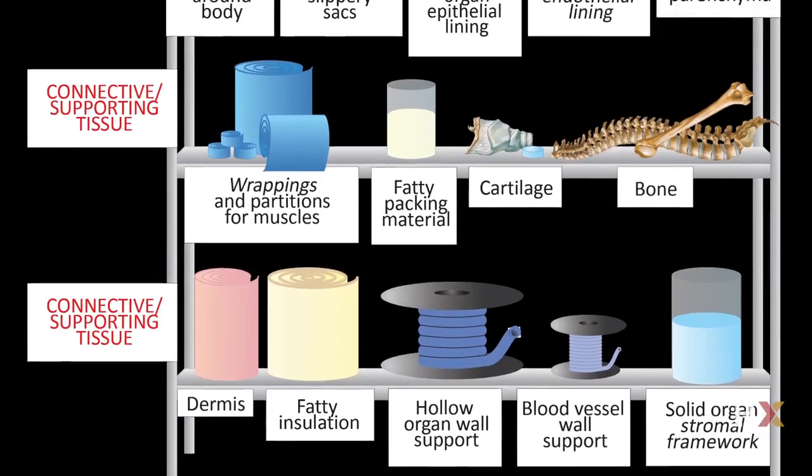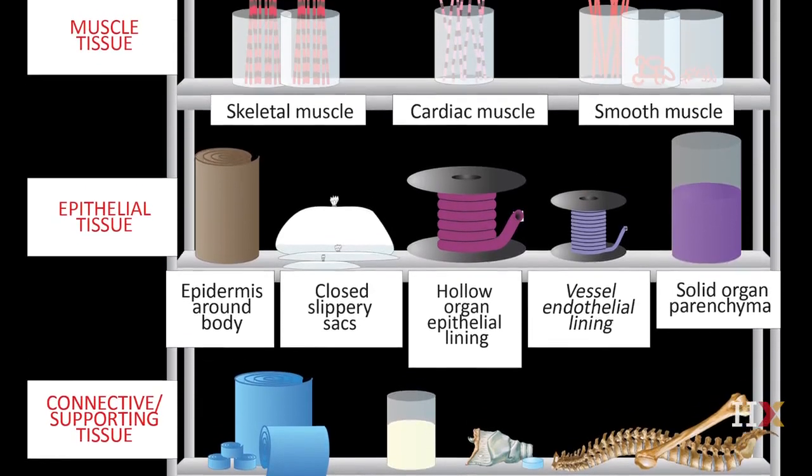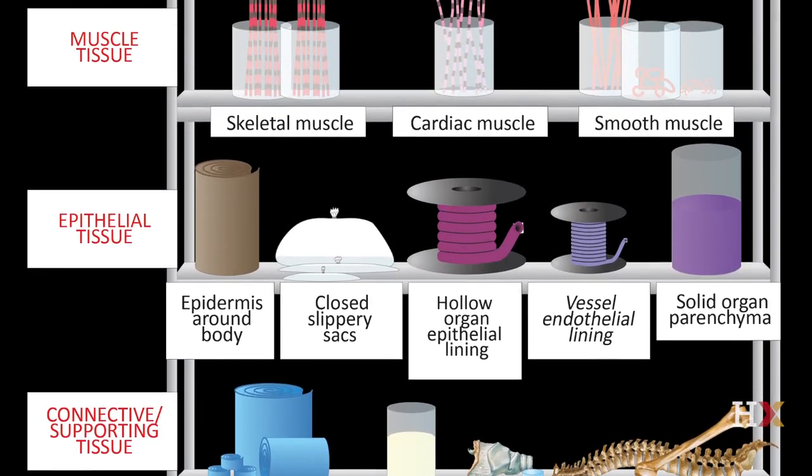On the next shelf up, we have epithelium, and again, these are lining tissues, and these are also secretory cells. We have secretory epithelium. We have epithelium that will be lining respiratory, digestive, and urogenital systems. We have a particular kind of epithelium, endothelium, that will be lining the insides of blood vessels.